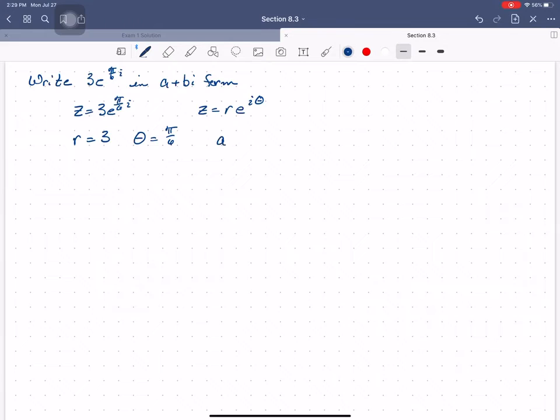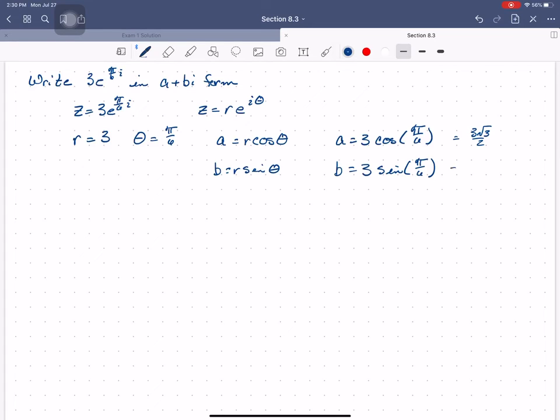We remember that a equals r cosine theta, b equals r sine theta. So in this case, a equals 3 times the cosine of pi over 6, b equals 3 times the sine of pi over 6. Cosine of pi over 6 is root 3 over 2, so that's 3 square root 3 over 2.